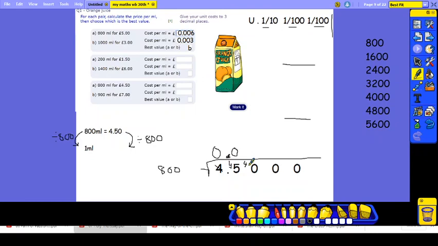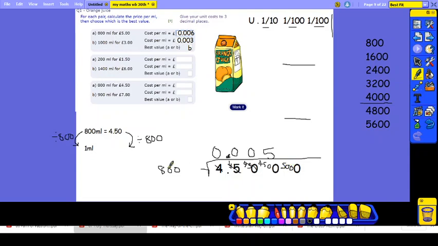So 45, 800 into 450, again it's too big, I can't do it. So I'm going to carry that whole 450 across into my thousandths column. 450. So I'm now going to be looking at 4,500, and how many times 800 goes into it? Well, I can see that it's going to stop here. So 8, 16, 24, 32, 40, I know it goes 1, 2, 3, 4, 5 times into 4,500, with 500 left over.